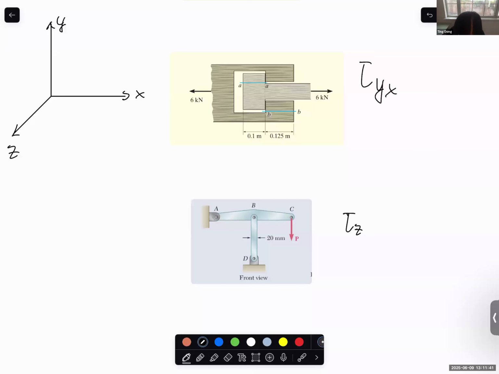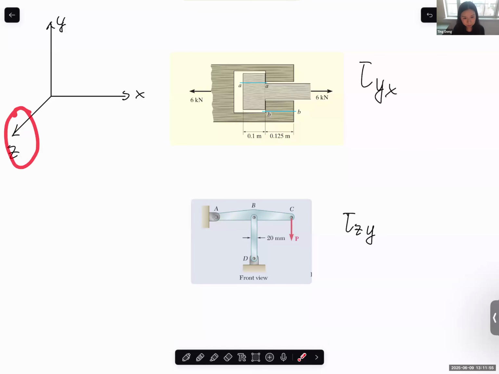It's on the Z plane and in the Y direction, right? So again, for the shear stress on pin D, the plane is facing the Z direction. And if you apply force like this, you would expect the shear force in this way. So it's in the Y direction. So it's tau ZY.